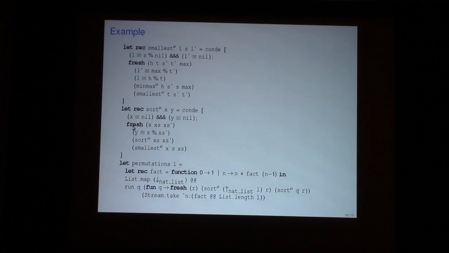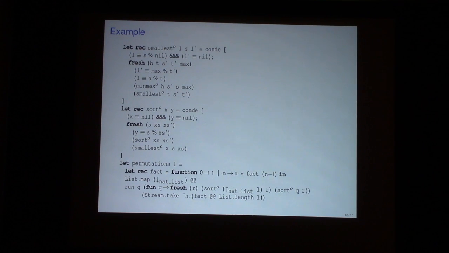At the bottom of the screen, we will generate permutations of a given list. We will use the functions described in the previous slide to convert this list to a logical list. After that, we will sort this logical list and get the sorted list. And to get all permutations of the sorted list, we should call the sorter relation backwards.